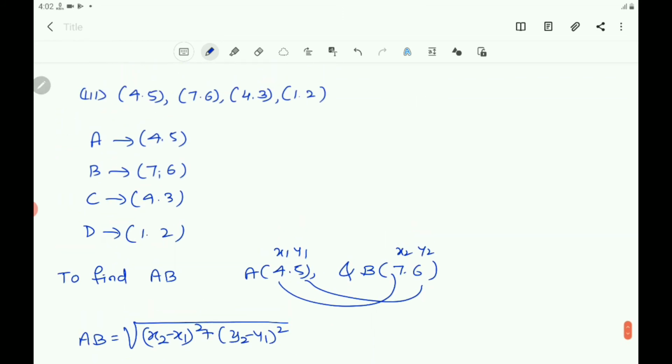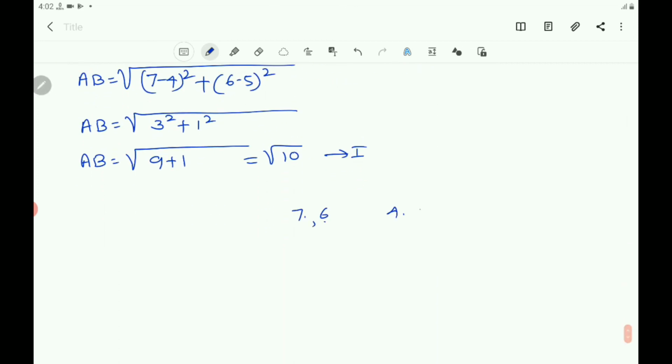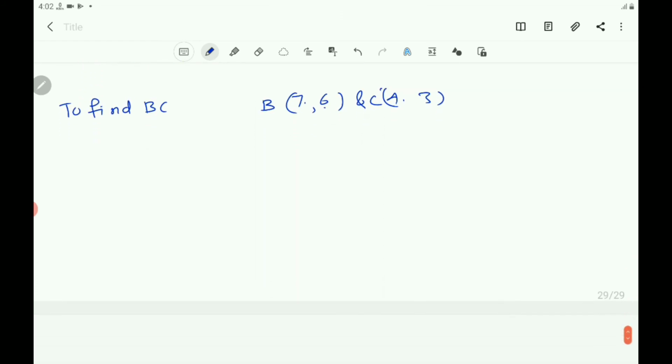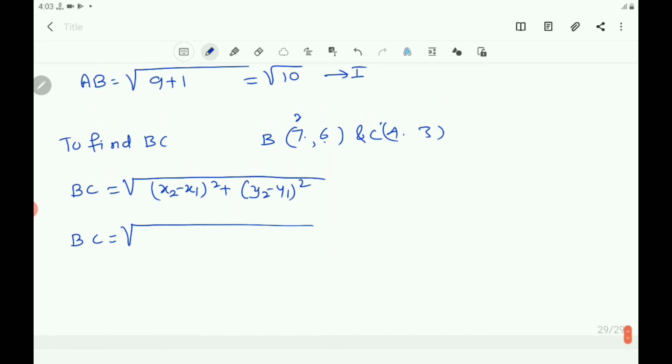Then you find BC. B is a point with coordinates 7, 6 and C is a point with coordinates 4, 3. Write the distance formula. BC equals whole root of (x2 minus x1) whole square plus (y2 minus y1) whole square. Consider x1 y1, x2 y2.